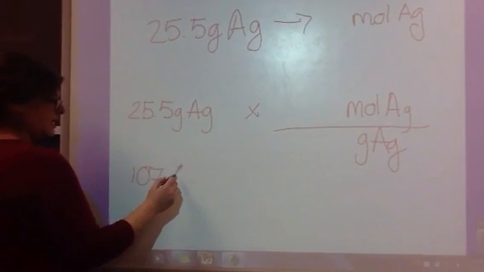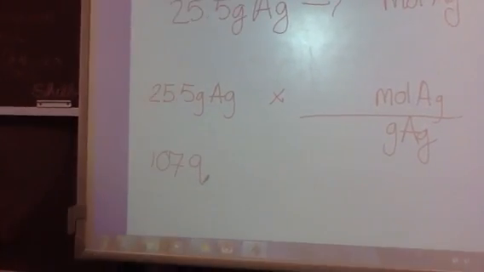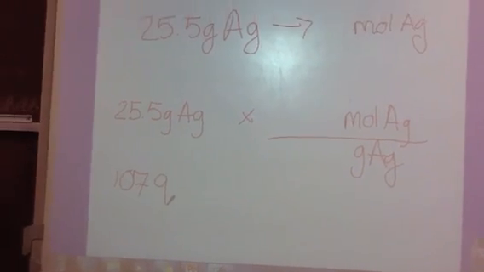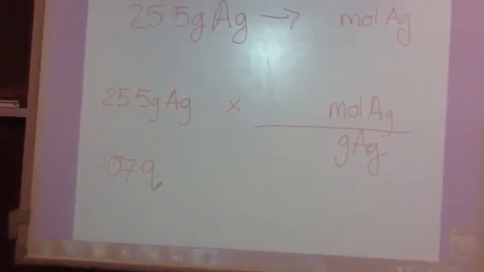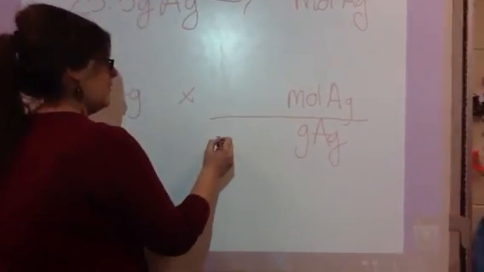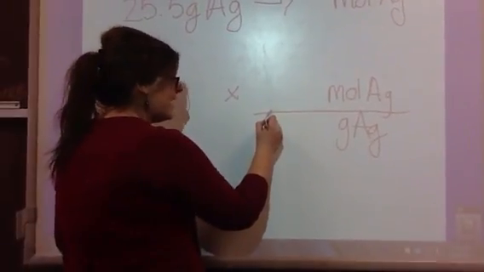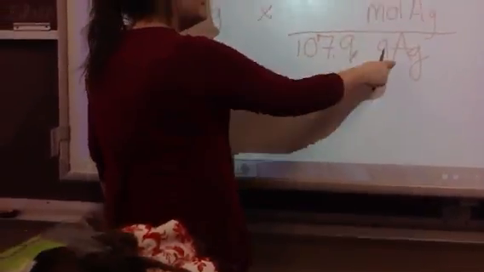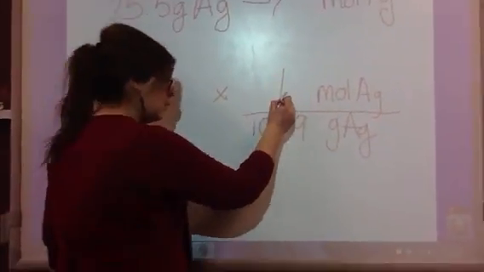107.8682. Can I say 107.9? Okay, 107.9. Where does that go? Top or the bottom? Class, where does it go? On the bottom. Why? Because grams is there. And it says there are 107.9 grams of silver in how many moles? 1 mole.